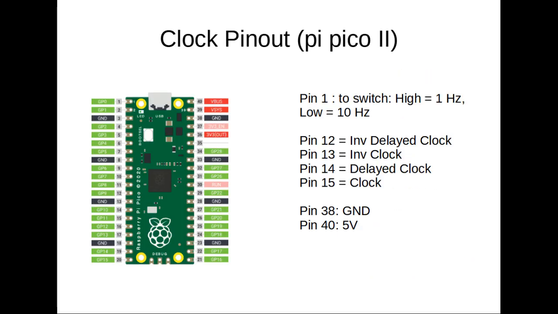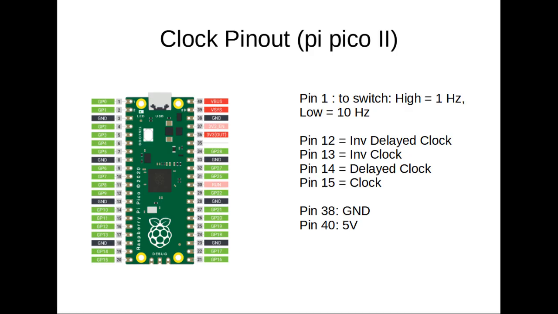To get further ahead with the project, we need to discuss some peripherals. First of all, the clock. I use a Pico, which I programmed with help of ChatGPT to do the following: to have a clock, to have an inverse clock, to have a delay clock, and a delayed inverse clock.